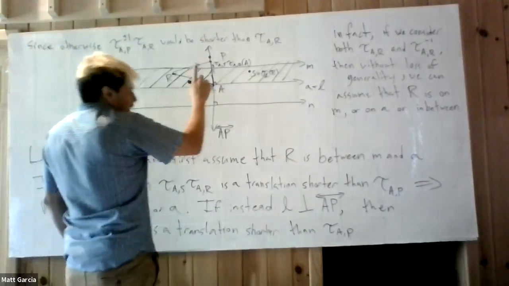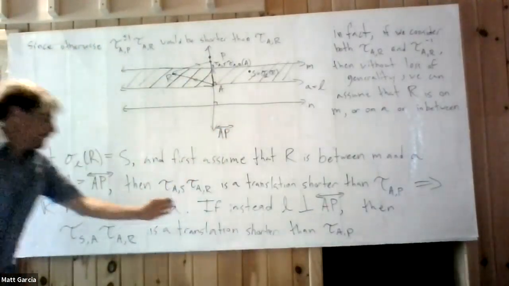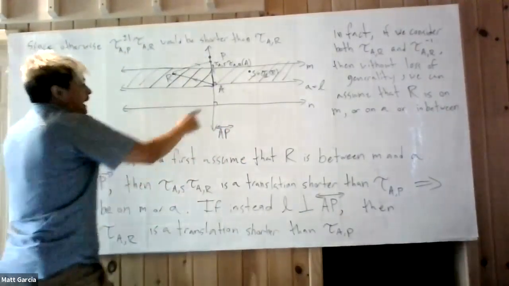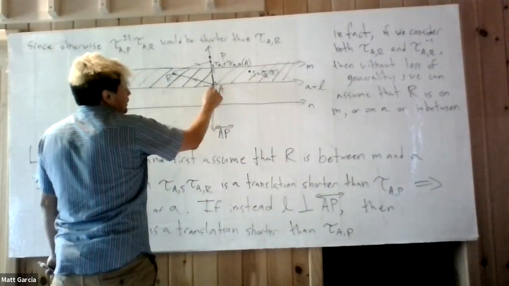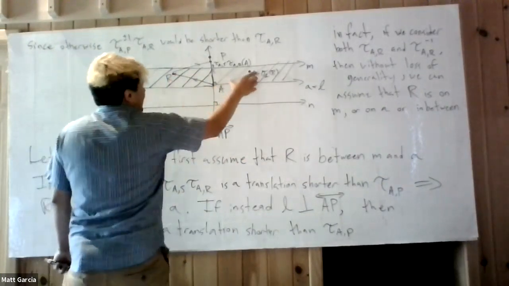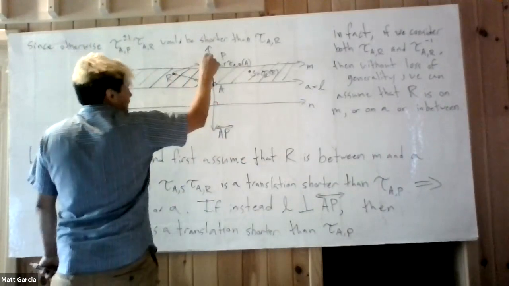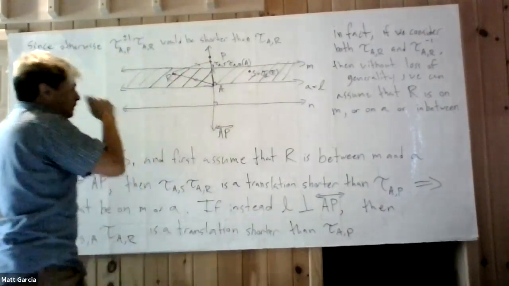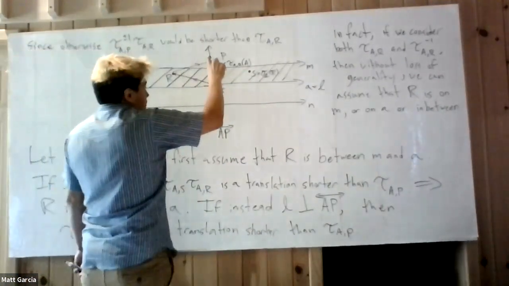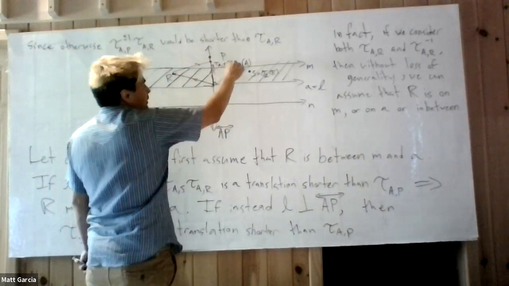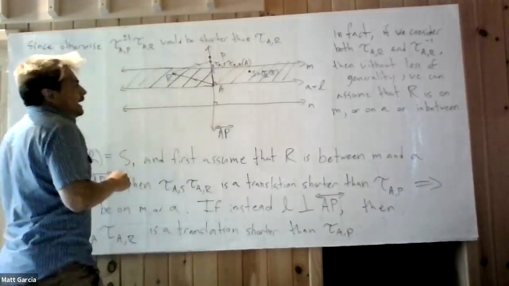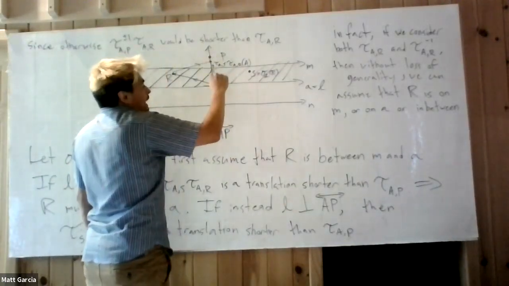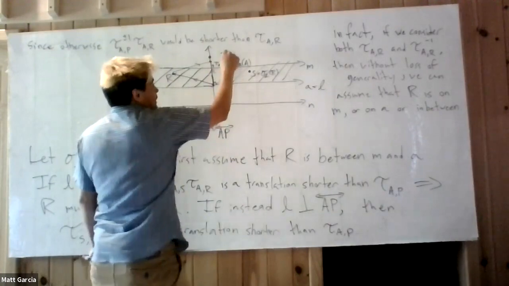So going back to everything that I said before, by composing translation from A to R with translation from A to S, I do this vector addition, and I land on the line through A and P. And this composite translation, tau sub A comma S times tau sub A comma R, results in a translation that is shorter than the translation from A to P.